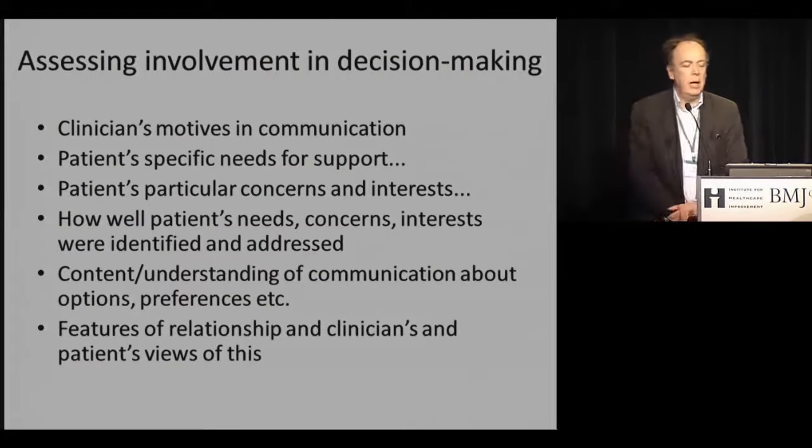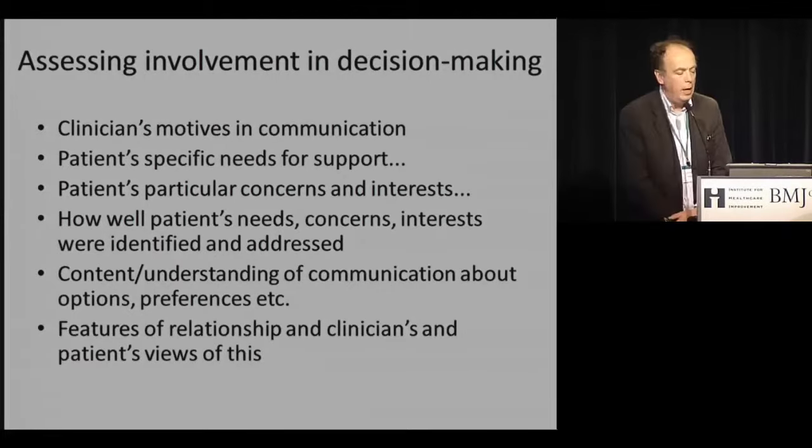And I would argue that there are a number of things that you need in terms of forming an assessment of someone's involvement in decision-making about their care. Some of them are more easily assessed than others, but it would be good to know the clinician's motives in the communication. Is this something that the clinician is trying to support the patient in whatever model of autonomy they have in mind, but also support them in achieving what's important for that person?